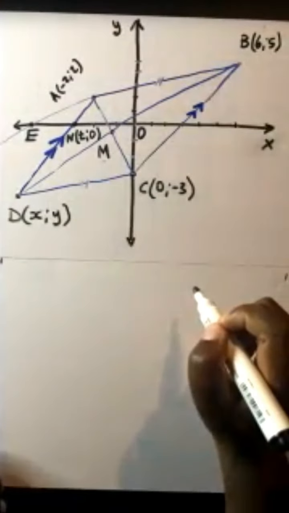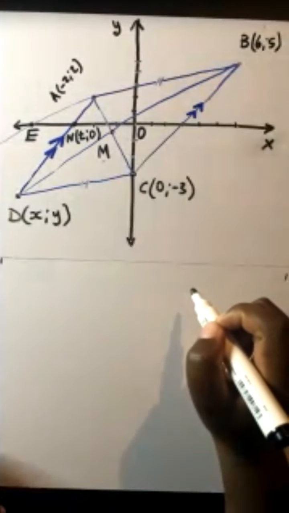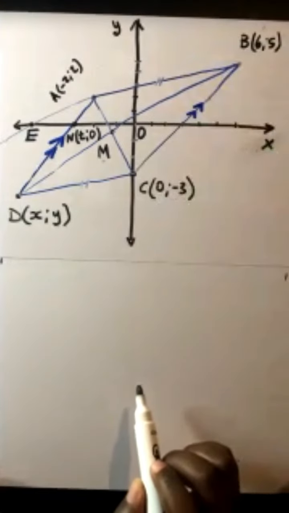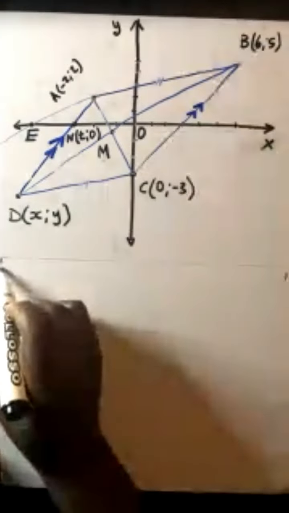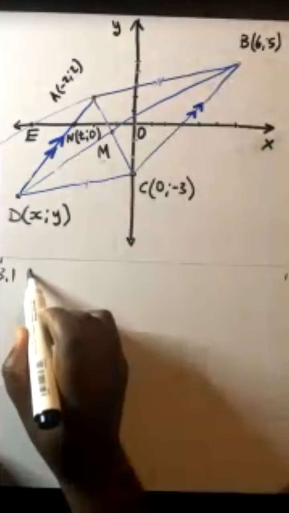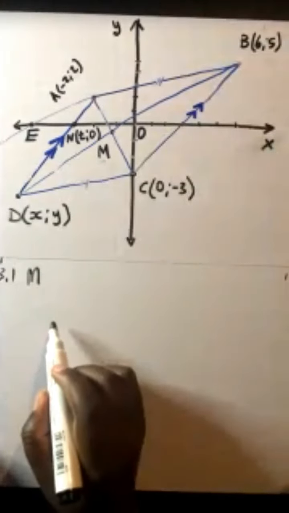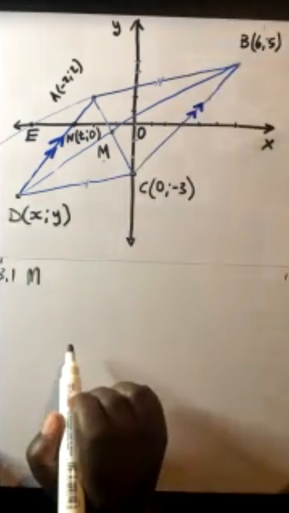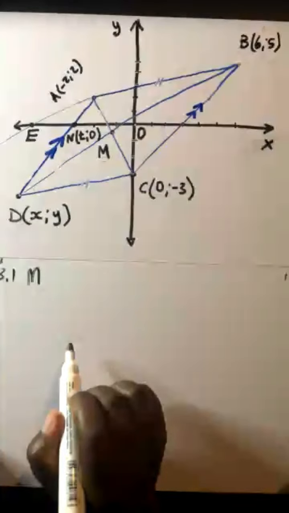So ladies and gentlemen, let's calculate the gradient of BC. Firstly, we need to check where is our BC. There is our BC, ladies and gentlemen. Now that we've got our BC, let's formulate. So this is question 3.1. We know that gradient, which can be represented as M, or otherwise we can say G for gradient. Which gradient?